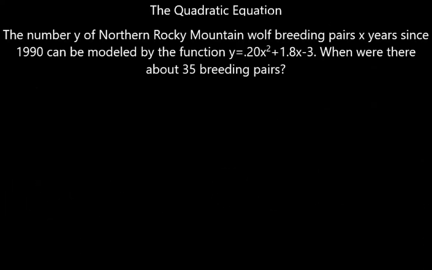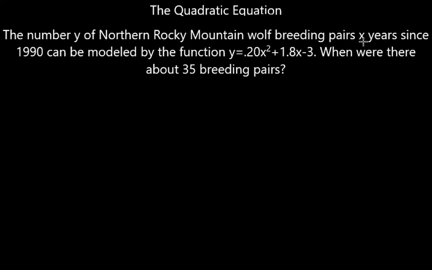It is a complex number, but for now we're going to say there are no real solutions. One of the main parts of how we're going to be using the quadratic equation is to solve word problems with numbers that are not simple integers. For example, here we have a word problem which says the number y, the output, the dependent variable, is the Northern Rocky Mountain wolf breeding pairs x years since 1990.